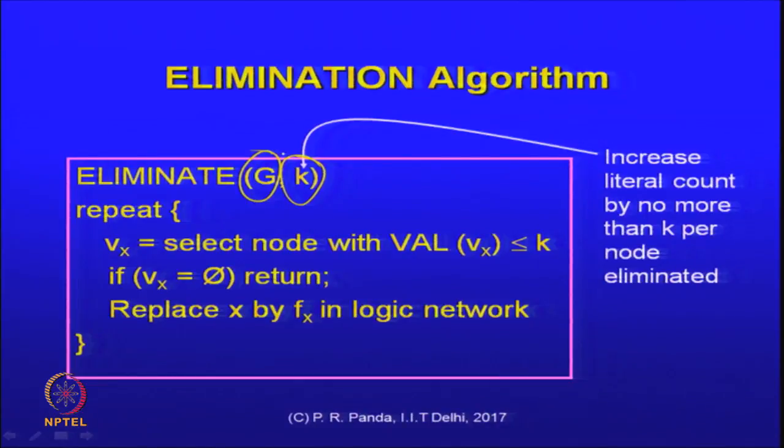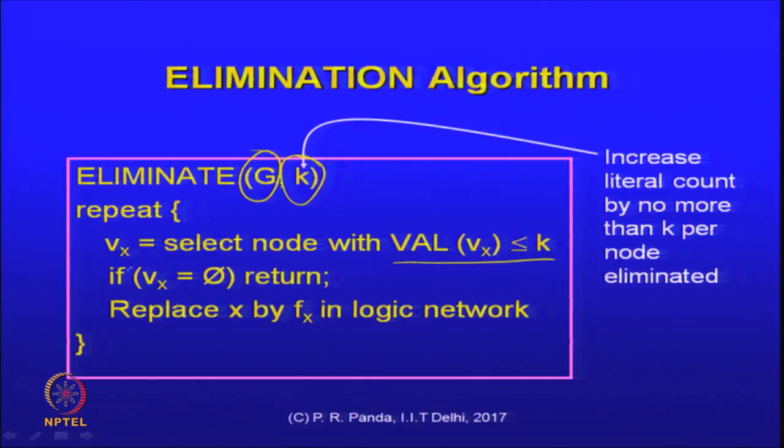So, you just repeat the following. Select a node whose cost computation is less than or equal to k. If that cost is exceeding k, then do not eliminate, otherwise you do the elimination.